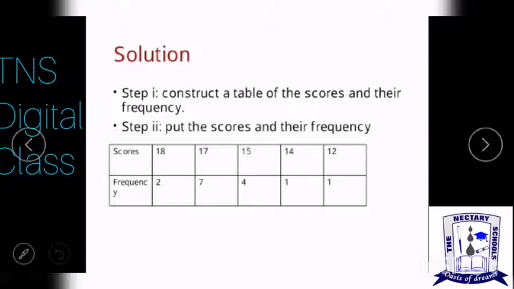So now step 2 is to put the scores and their frequency. 2 students scored 18, 7 students scored 17, 4 students scored 15, 1 student scored 14, and the last student scored 12. I believe you understand. Let's move on.